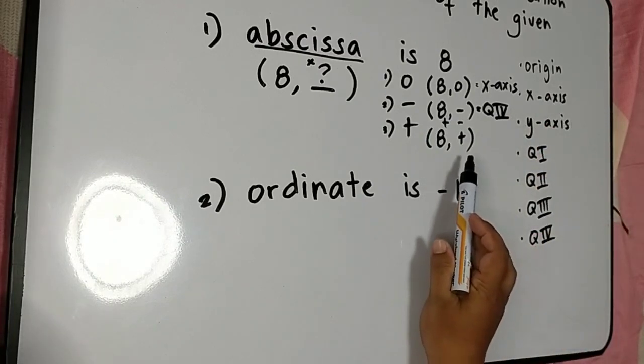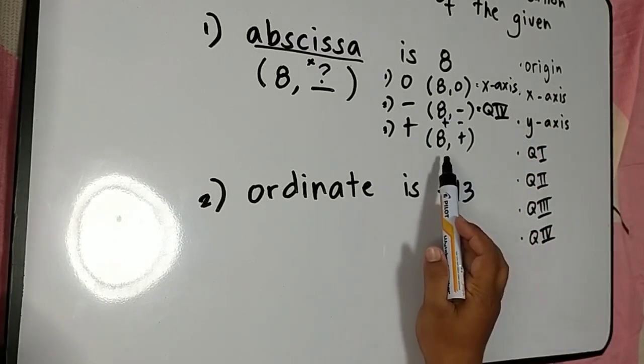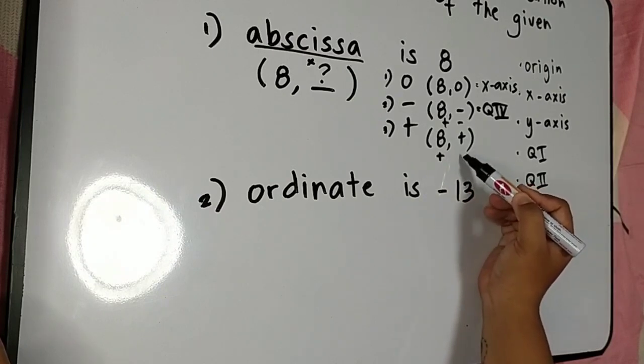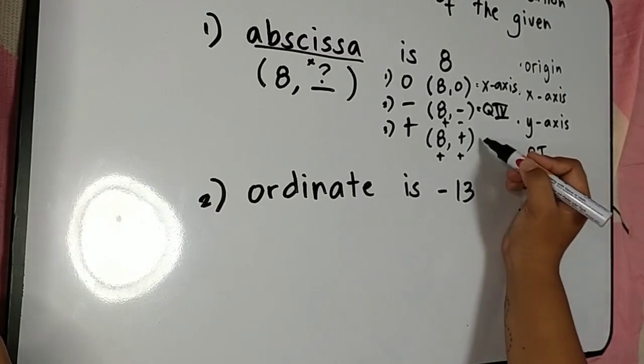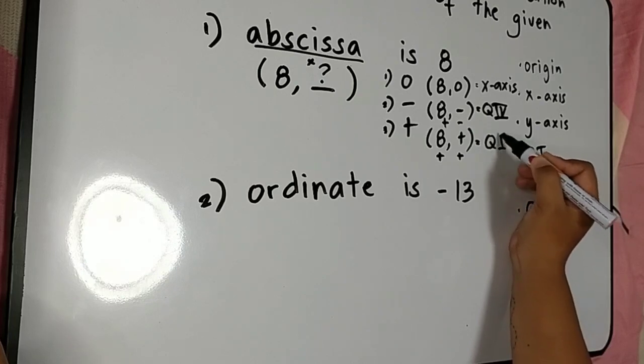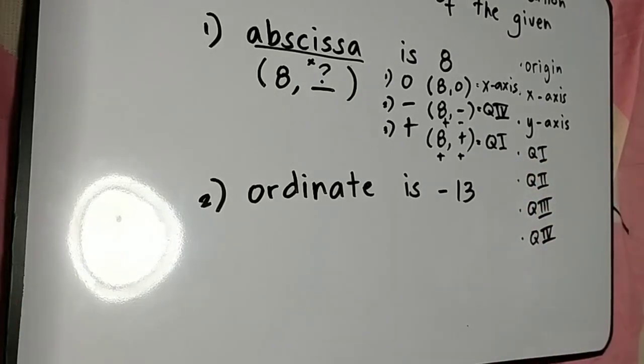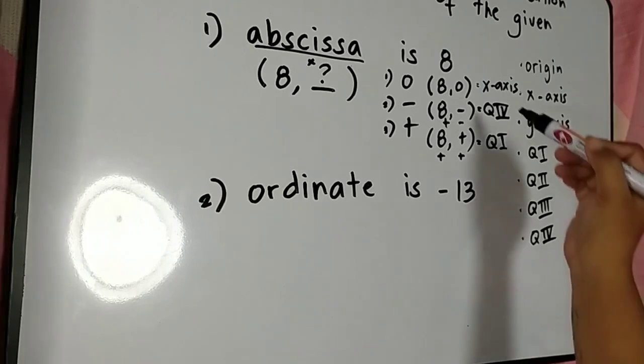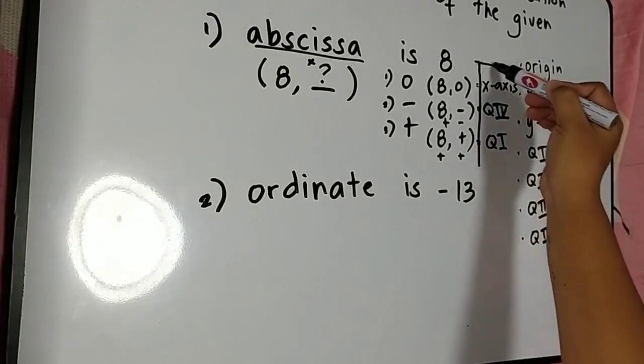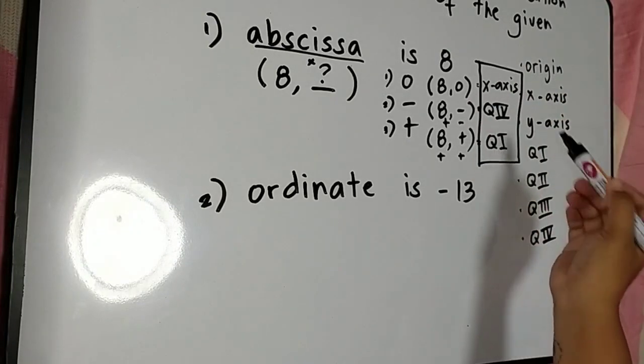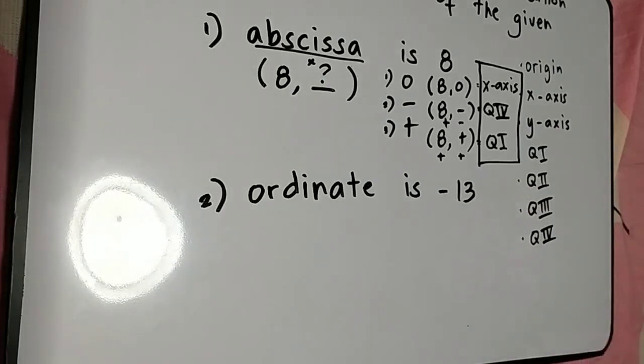Then, kapag positive naman yung value ni y, so 8, positive pa rin si x, positive si y, so positive, positive, na kay quadrant 1. So, therefore, the possible location of the given, if the abscissa is 8, yung mga possible locations niya ay itong tatlo. It's either na kay x-axis, quadrant 4, or quadrant 1. So, tatlo yung sagot.